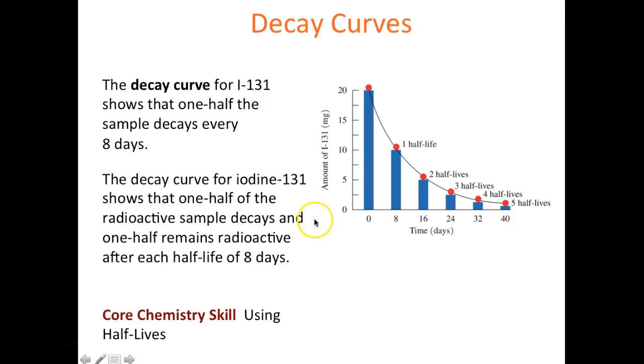What does the graph look like for this decay of the iodine? If you plot the amount in milligrams versus time, you will see a curve that shows an inverse relationship. That means that as time increases, the amount is decreasing.